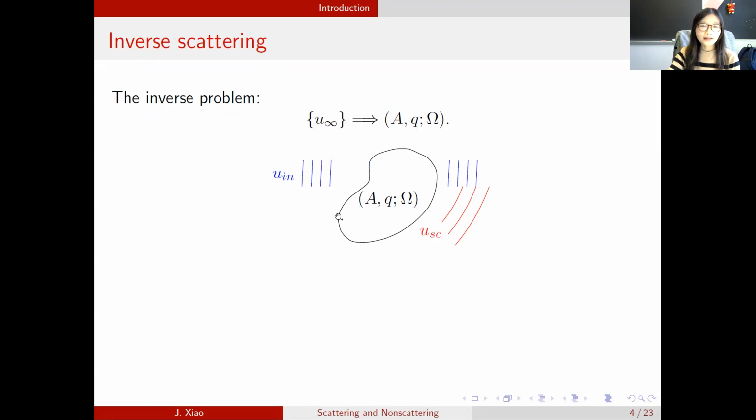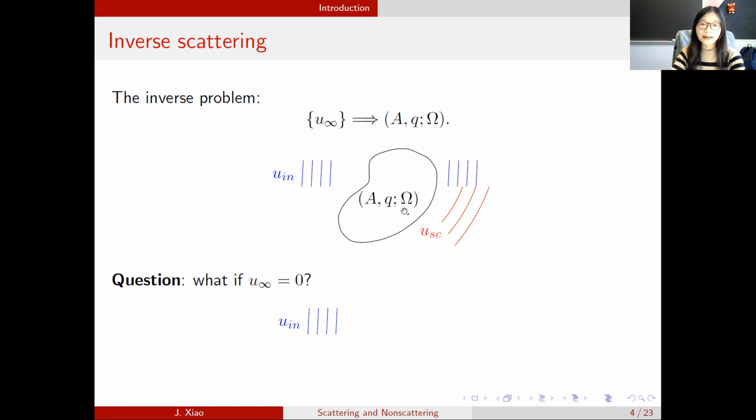So there is an interesting phenomenon. Suppose the far field pattern is 0 after you send the incident field. First of all, if the far field pattern is 0, then again by unique continuation we get that the scattered field will be 0 all the way up to the boundary of omega.